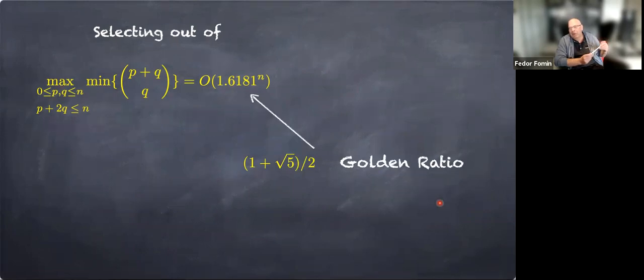There is some magic why it appears. When you compute this number and do this optimization, you play with Fibonacci numbers, but you can also just run your favorite optimization, or write a program in Python, or run Maple to compute this number. But somehow this is the golden ratio.